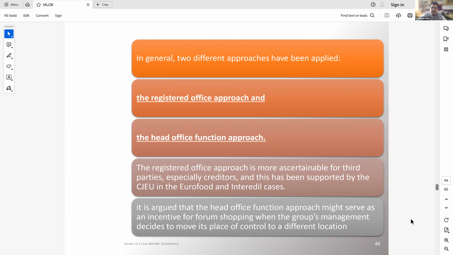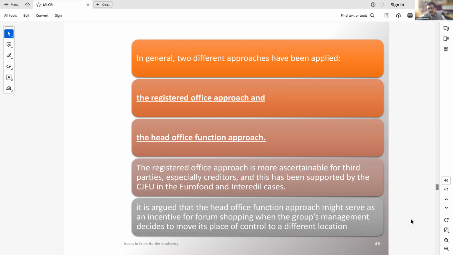So in general, two different approaches have been applied: the registered office approach and the head office function approach. The registered office approach is more ascertainable by the third parties, especially creditors, and this has been supported by the CJEU in the Eurofood and the Interdil cases.